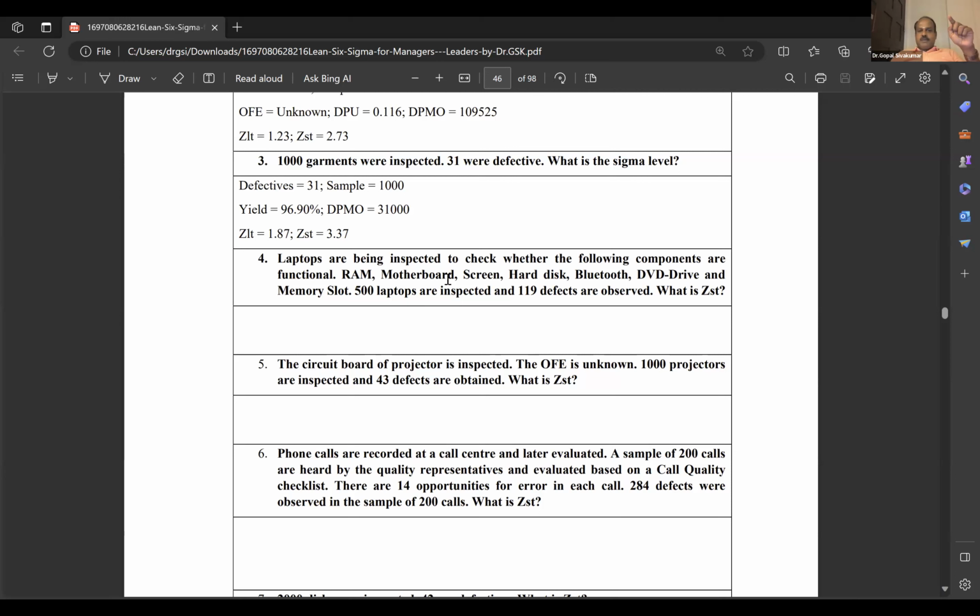Now 500 laptops are inspected. 119 defects are observed. Now Situation 1, the short-term sigma level. 3.33. Will you be able to find out? 3.56. So some of you are working it out parallelly, right? Am I right? Yes.